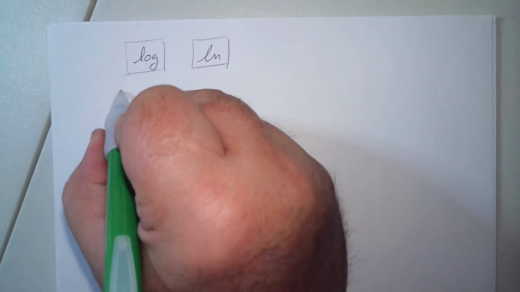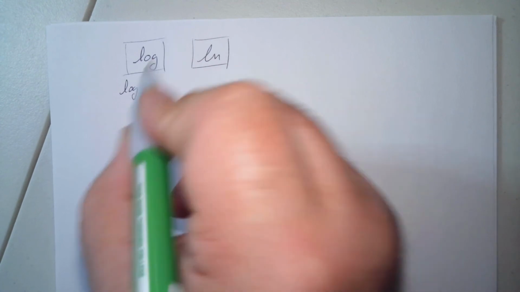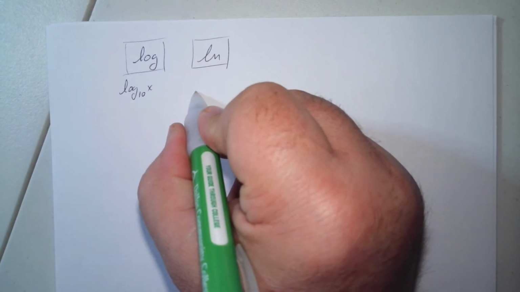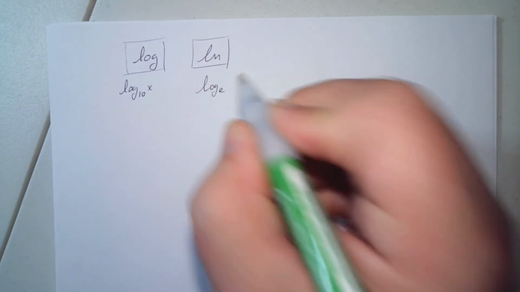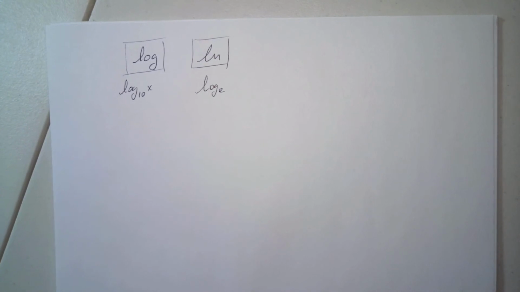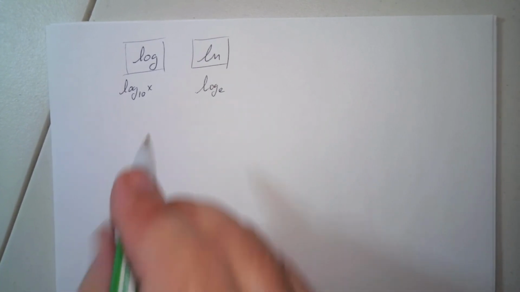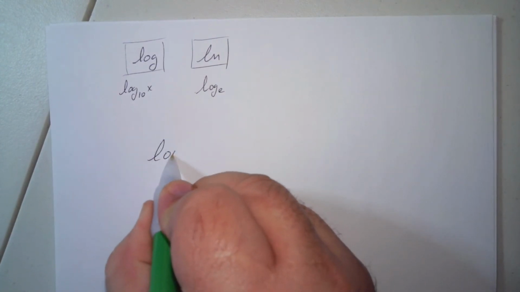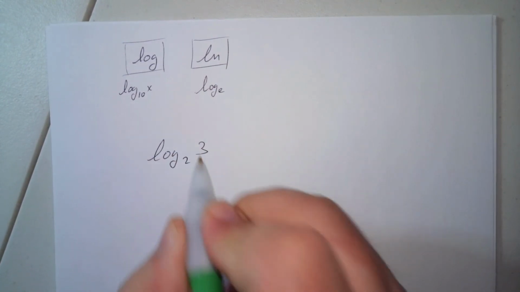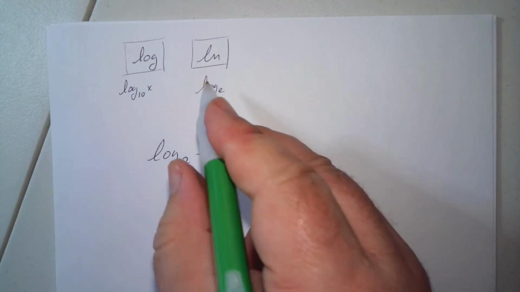You only have log base 10 or log base e. There is no log base anything else. So if I gave you a question like this, log base 2 of 3, you could not find it on a calculator.